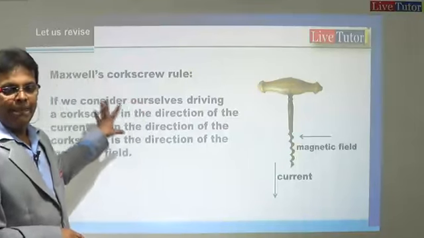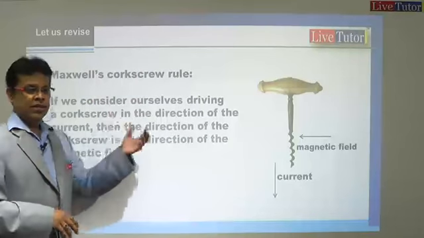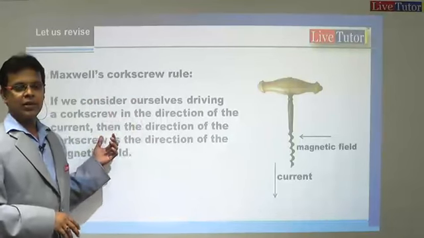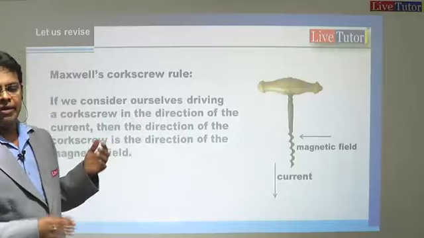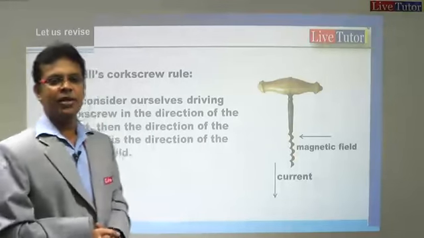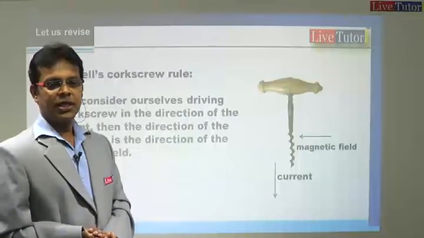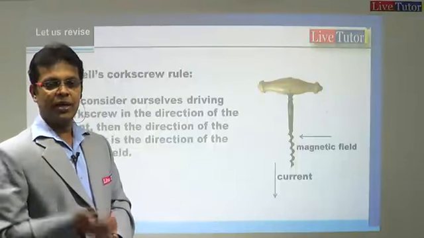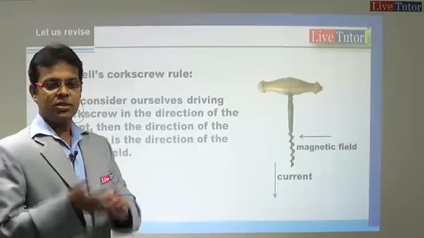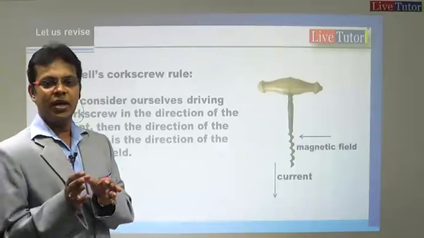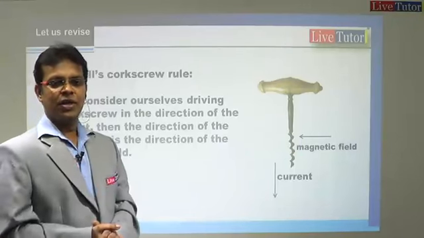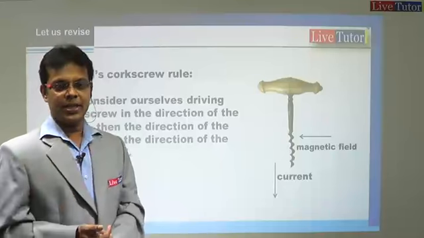Is that clear? The only thing is how to put the statement properly, because these statements are given by great scientists. We should never interpret and give them in some other form. Suppose you take Fleming's left hand rule, these rules and laws should be reproduced as they are. We are not allowed to make any changes.